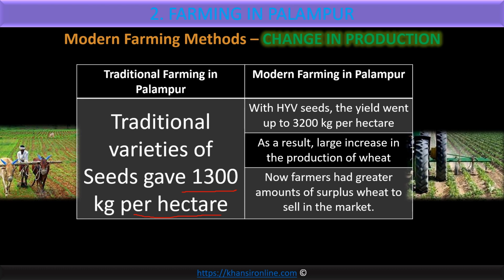I told you what a hectare is in another class. 1 hectare is almost 2.47 acre, मतलब 2.5 एकड़ के करीब होता है 1 हेक्टर. So from 1 hectare you get 1300 kilogram of yield, but in modern farming methods 32 kg per hectare, even more than double. Got it?